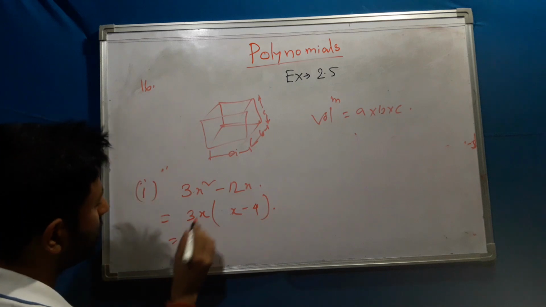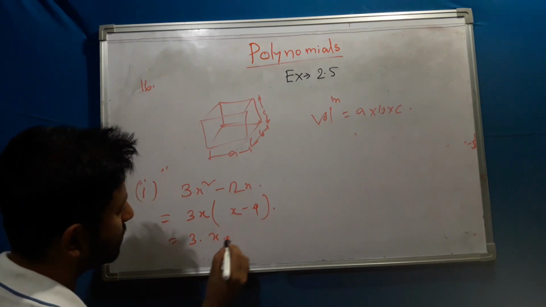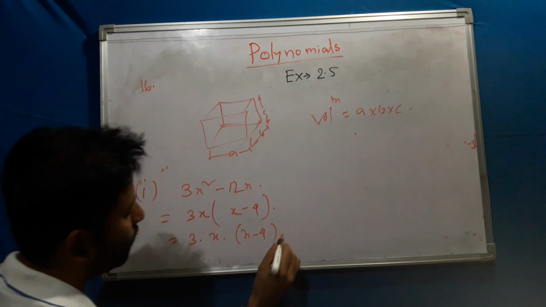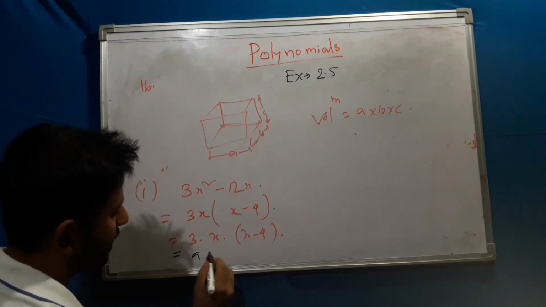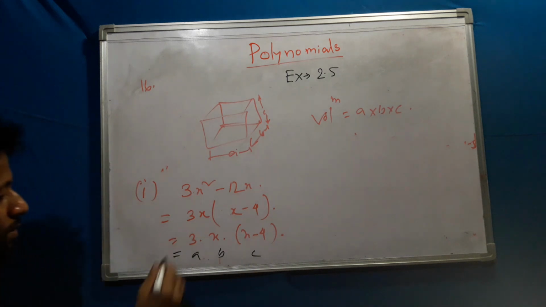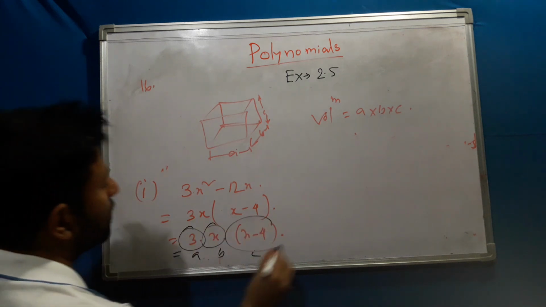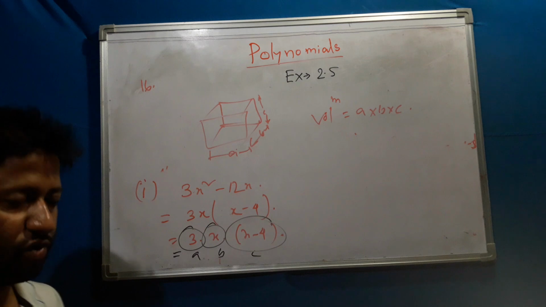So 3x into (x − 4), this gives three terms. This is a, this is b, this is c. So these are the three possible sides of a cuboid.